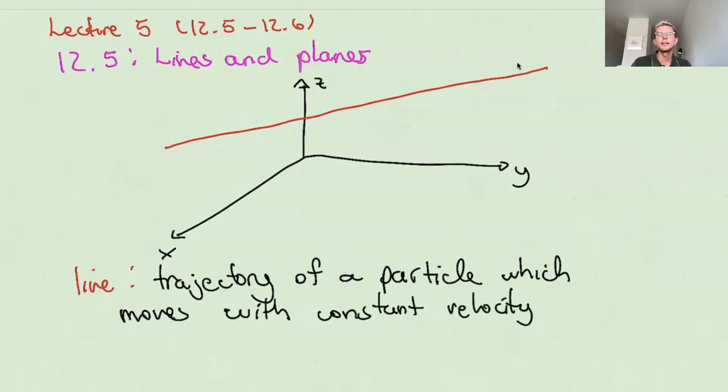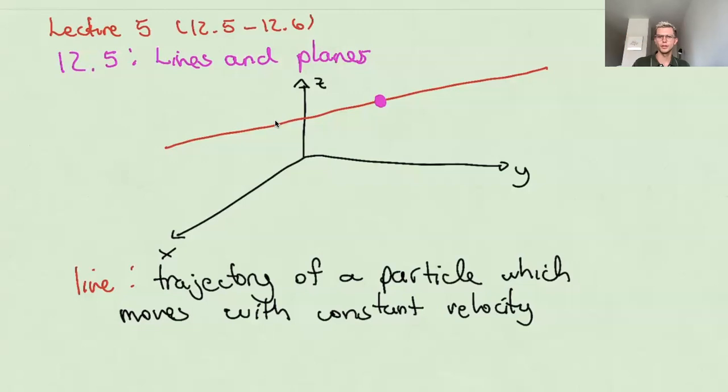So you can think of a line sort of as a road or something like that that's floating in space, right? It is going to be traveled by a particle or a car. It's just that the car is moving on this road at constant velocity. Okay, so what that means is that, for example, you would take a point here.